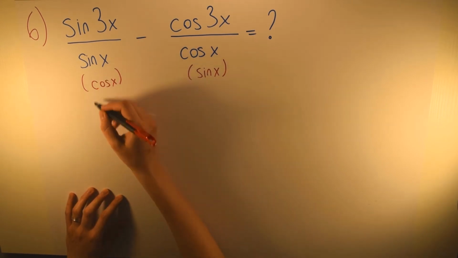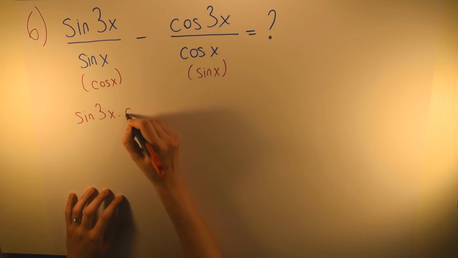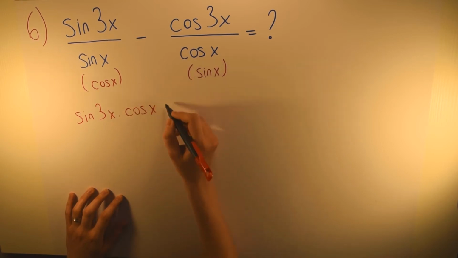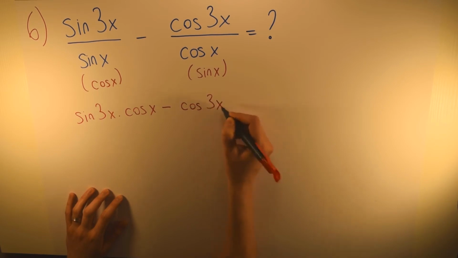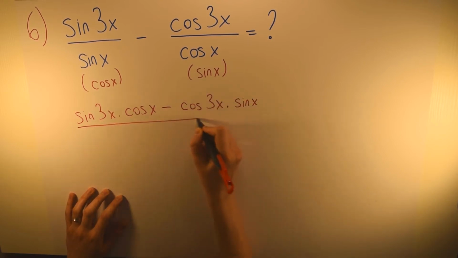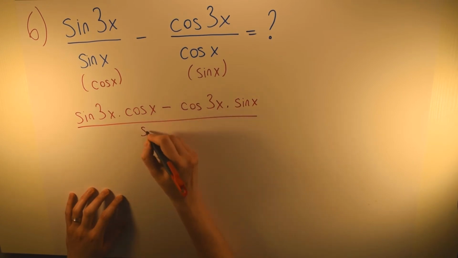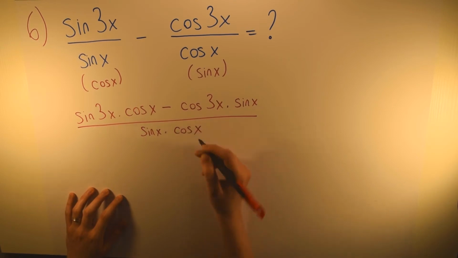And here we will have sine 3x times cosine x minus cosine 3x times sine x over sine x times cosine x.